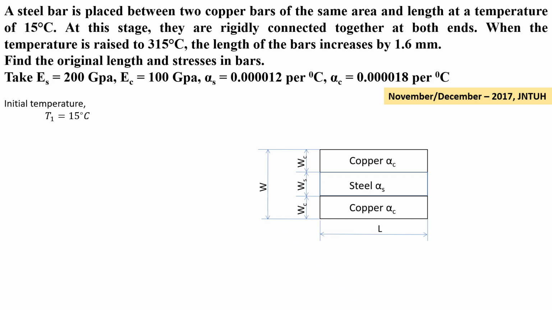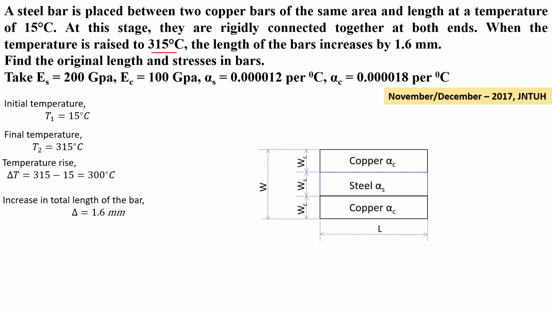Also in the data, it is given that the temperature is raised to 315 degrees Celsius. So the final temperature T2 equals 315 degrees Celsius, and the temperature rise delta T equals 300 degrees Celsius.